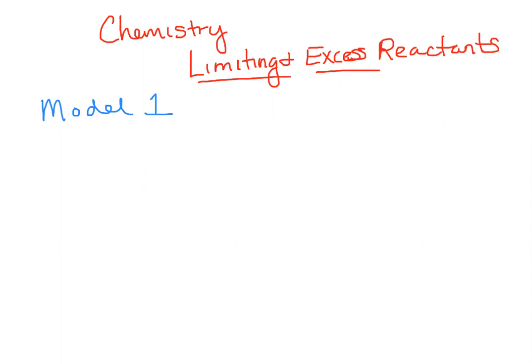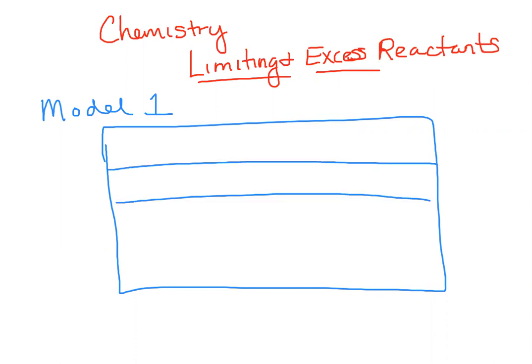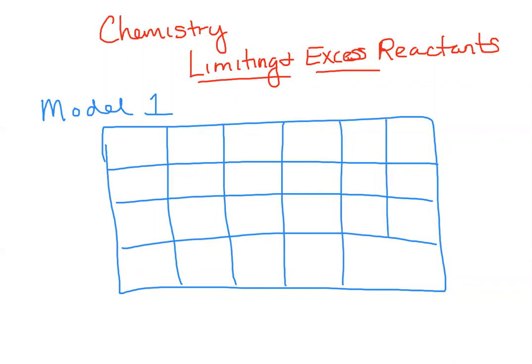So here, model 1, they've given you some numbers of bread, ham, tomato, lettuce, and a recipe for one sandwich. All right, and you've got bread, ham, lettuce, tomato.